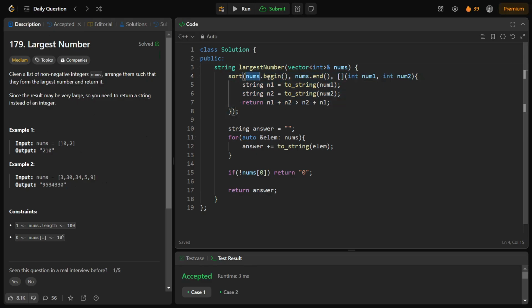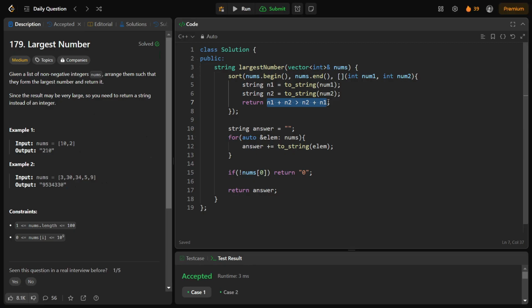Now clearly I'm just sorting the numbers, nums.begin to nums.end, and this is the lambda function that I have given. Given this num1 and num2, you convert them to two strings n1 and n2, and what you do is check whether n1 plus n2 is greater than n2 plus n1. n1 plus n2 would do the concatenation of these two strings, right?